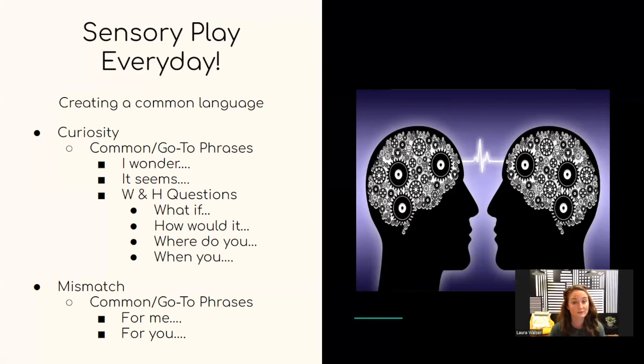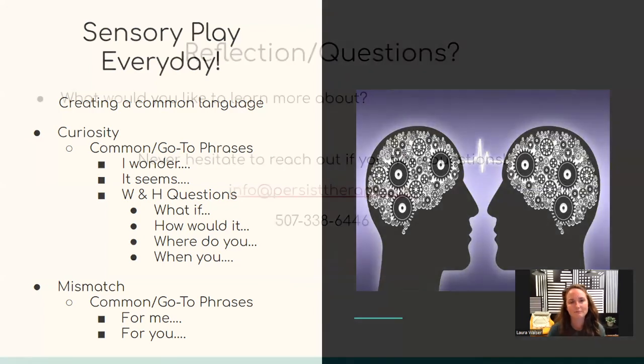For you, it doesn't feel very cold outside. It does feel cold to me. Should we go see what the temperature is? You feel most comfortable wearing your hood. Wearing a hood doesn't feel very comfortable to me. So by just changing phrases a little bit, we can help kids to better understand their own sensory system and what that means, and just be able to start communicating that with other people, right?